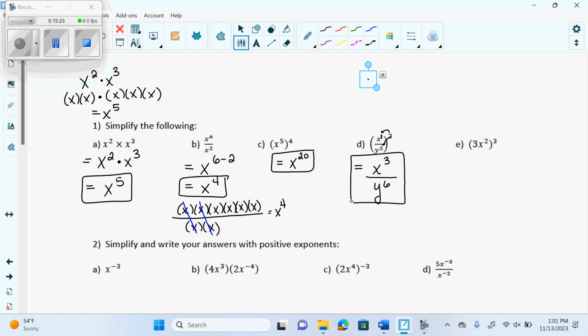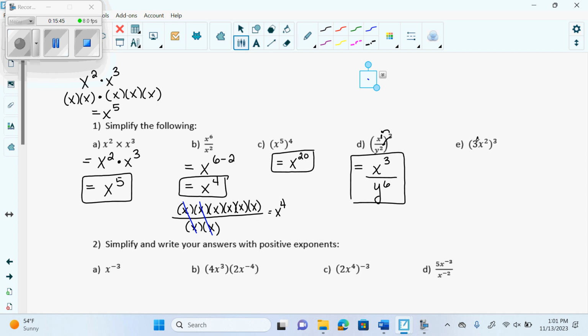What do I have to remember with e? The 3 goes to, actually, multiplication is true, but the 3 actually goes to both, doesn't it? This 3 in front has an exponent of what? No. What does it have currently? 1. It has an exponent of 1, doesn't it?